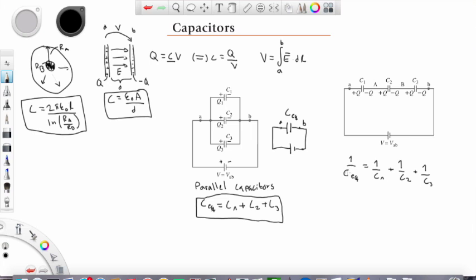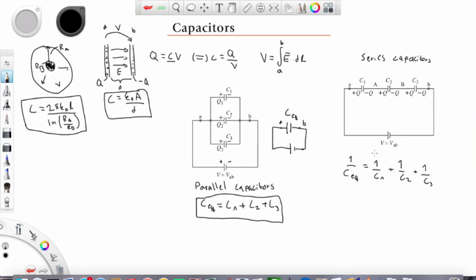So finding the C equivalent requires a little bit more effort than in the case when the capacitors are in parallel. This arrangement is called series, or capacitors in series.